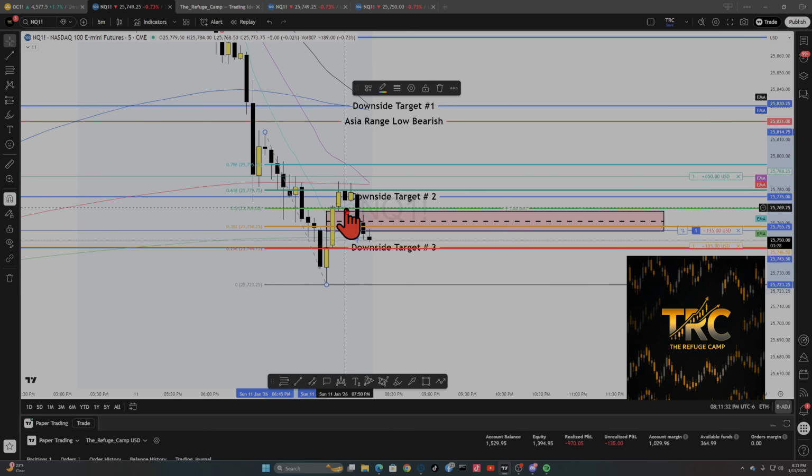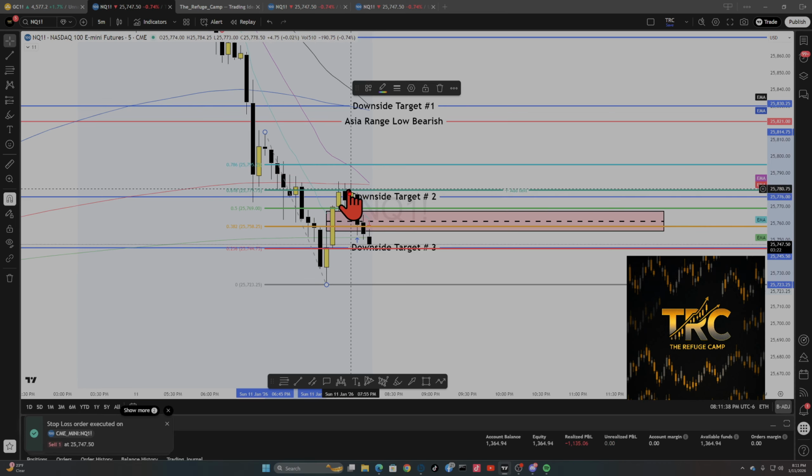We can now see our 50 and 61.8% retracements. 61.8 is considered your golden entry on any Fibonacci retracement. This is where you get the maximum value for every dollar you invest.